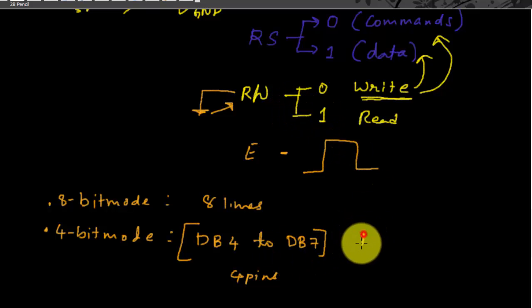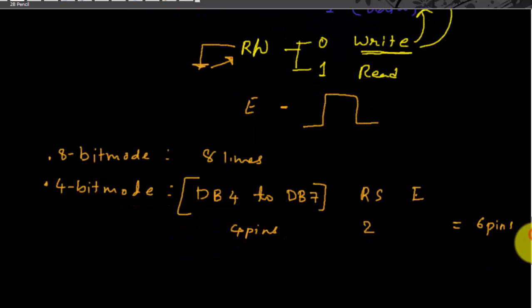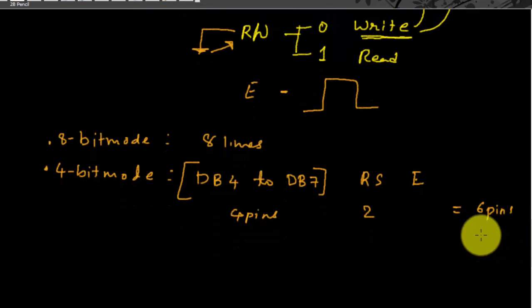So I just need to use register select and enable. So these are 2 pins. Totally, the minimum IO pins you require on a controller to work with the LCD is 6. There are serial LCD options which work on I2C or SPI, but if you're using a parallel display like this, which are pretty common and cheap, the minimum pins that you require is 6.